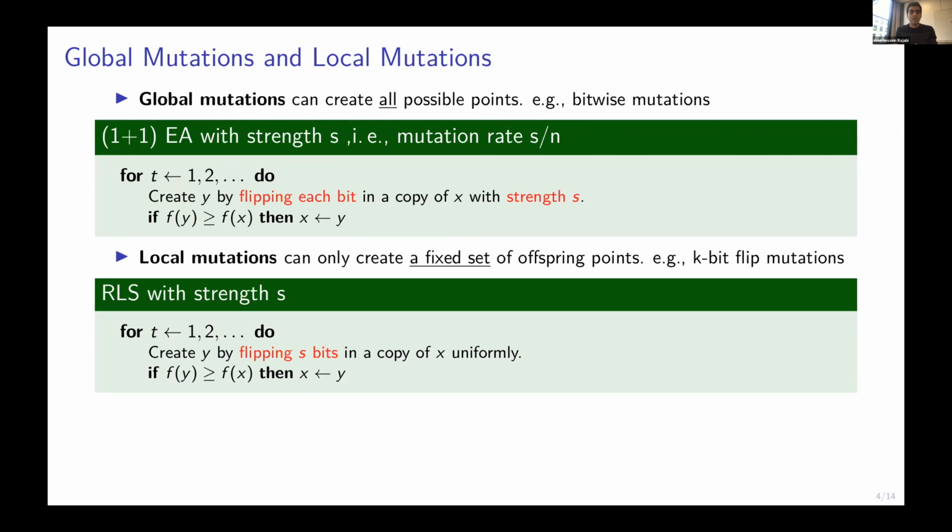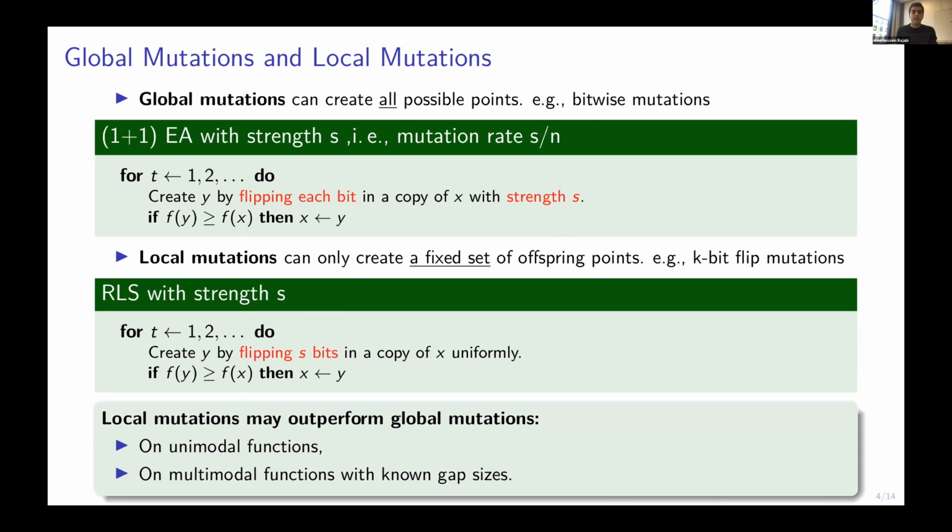But local mutations can only create a fixed set of offspring points, like the mutation we have in RLS, which flips exactly s bits in each iteration. For example, RLS with s equal to 1 can only produce n offspring.